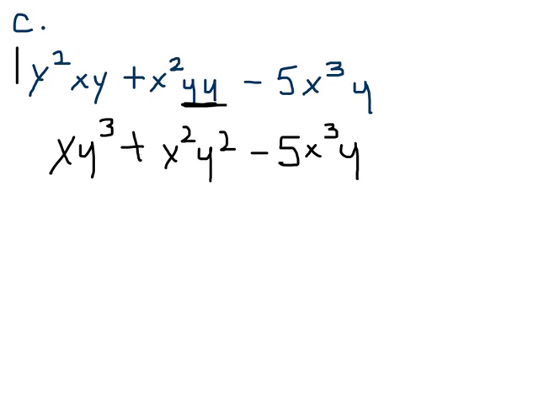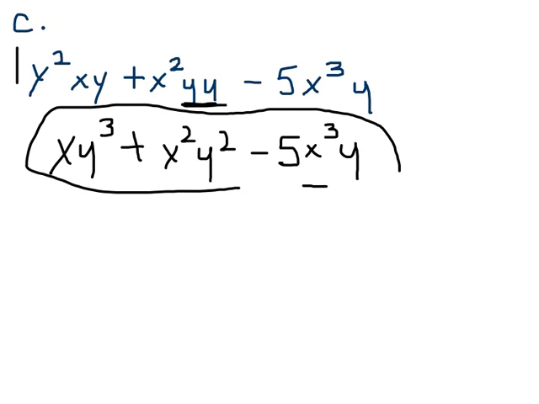Now this one's a little different because in this one we actually don't have any terms that are alike. Here we have 1x, 3y's. Here we have 2x's, 2y's. And here we have 3x's and 1y. So in this one, this is as simplified as it can get.